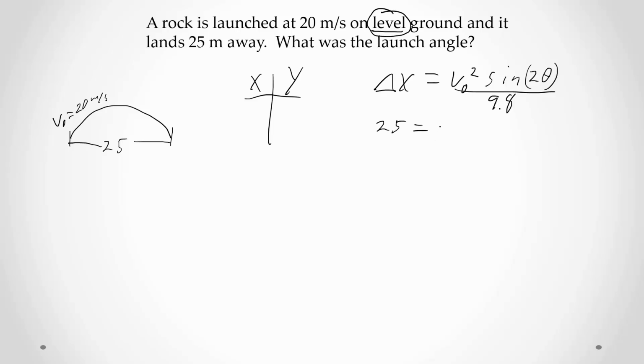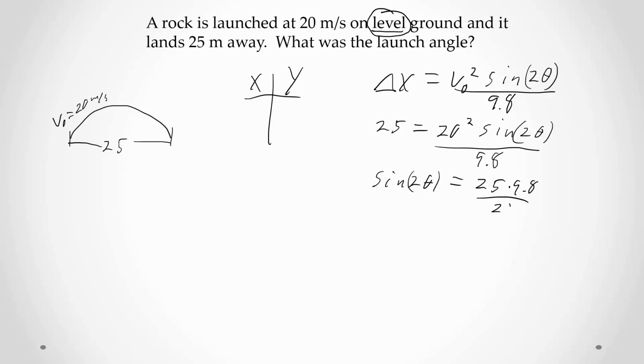Our initial velocity is 20, that is squared, sine 2 theta. And we just have a little bit of work to solve for theta. So if we multiply and divide, we're going to get sine 2 theta is 25 times 9.8 over 20 squared.